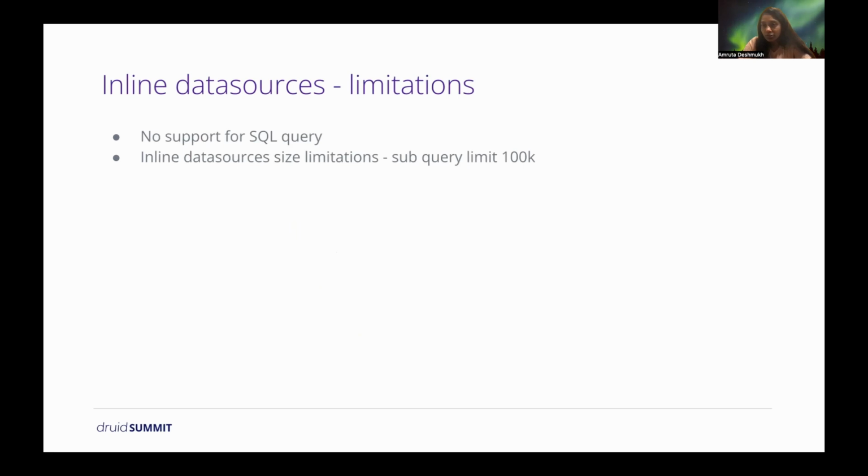Our initial infrastructure where we used to query Druid was using basic SQL queries, and that was pretty helpful and also very easy to set up. But since inline data sources don't have SQL query support, we had to go back to using native queries. So we had all of our queries translated from SQL to the native query language.